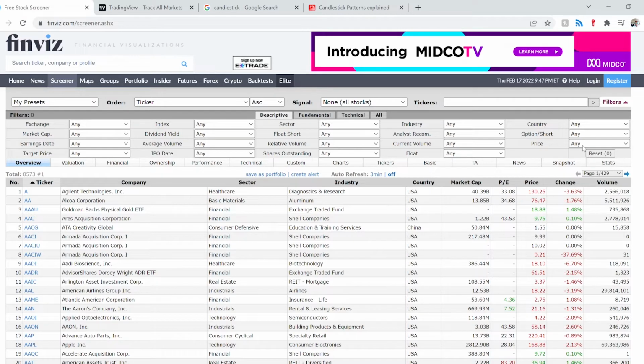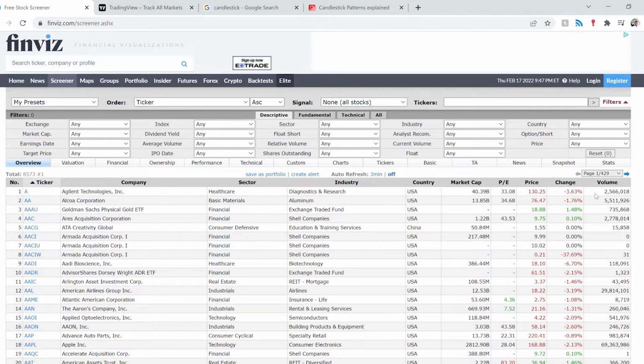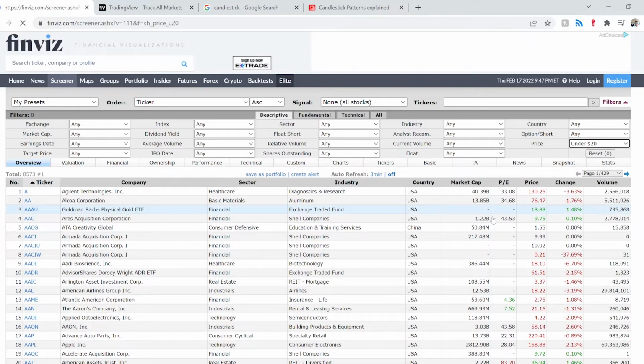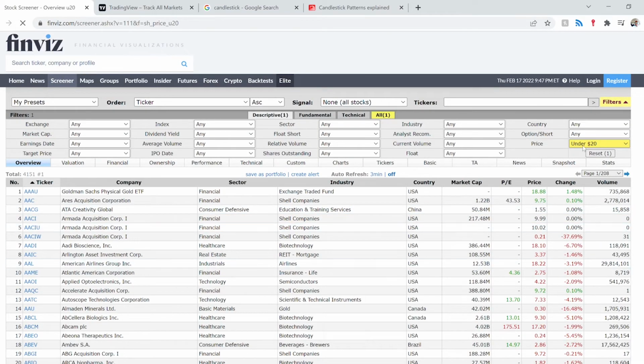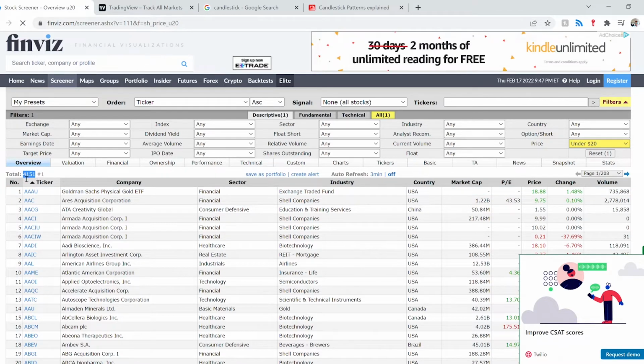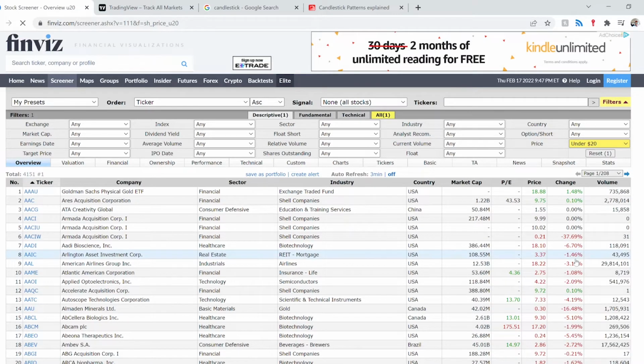Let's say you want a stock that is under $20. You select under $20. Now you can see right here that you have a total of 4,151 stocks that meet that criteria.